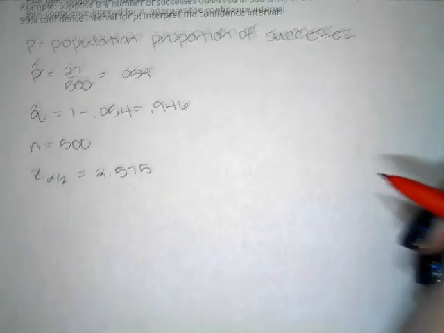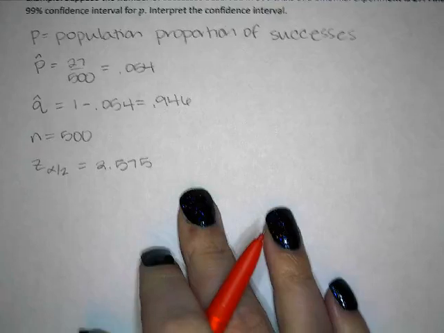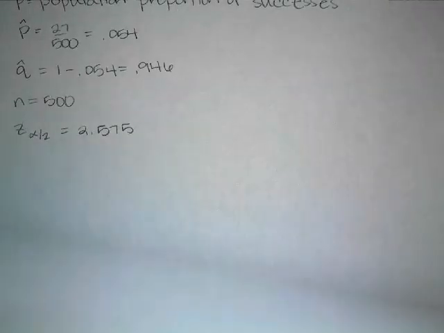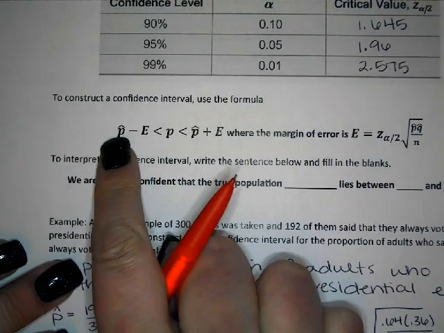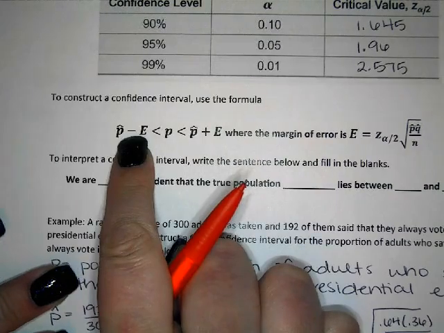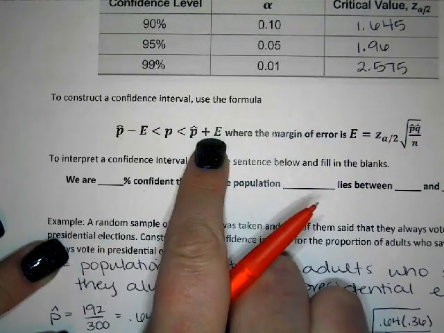And then I'm going to go ahead and use the formula. So I know that I'm doing P minus the margin of error and P plus the margin of error, which is why I put plus minus last time. And then here, this is the formula that I'm using.